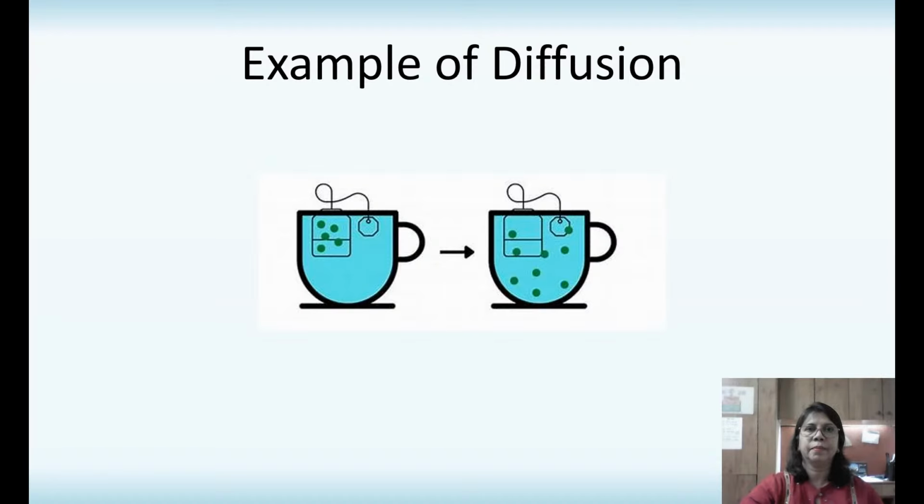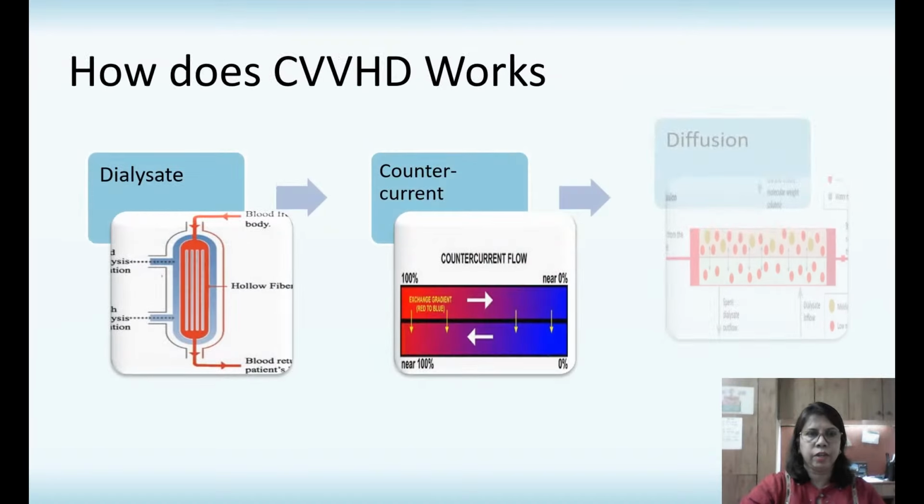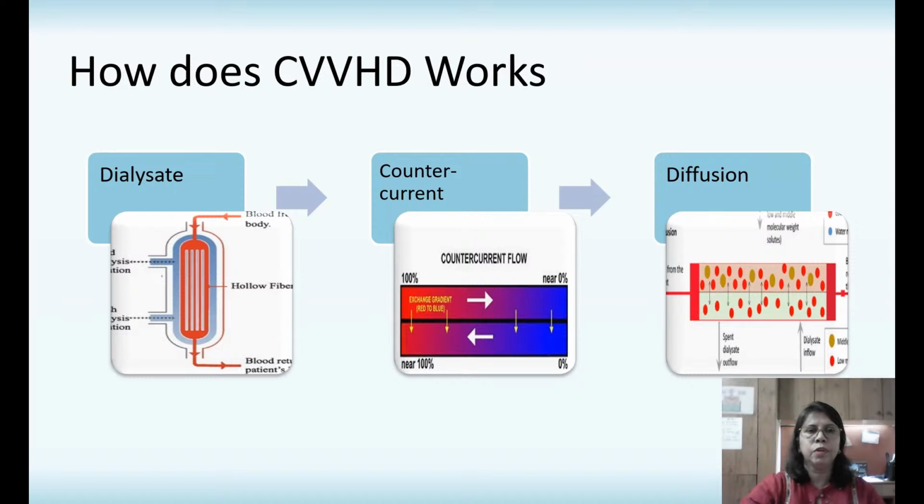about. In CVVHD, dialysate is perfused across the semi-permeable membrane and the solutes diffuse across the semi-permeable membrane as per their concentration gradient. The dialysate is perfused in the countercurrent direction.